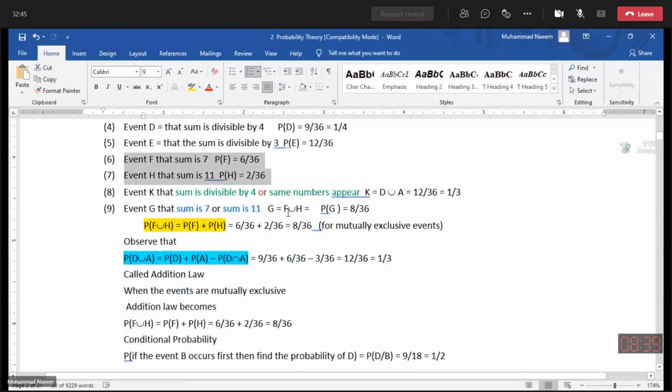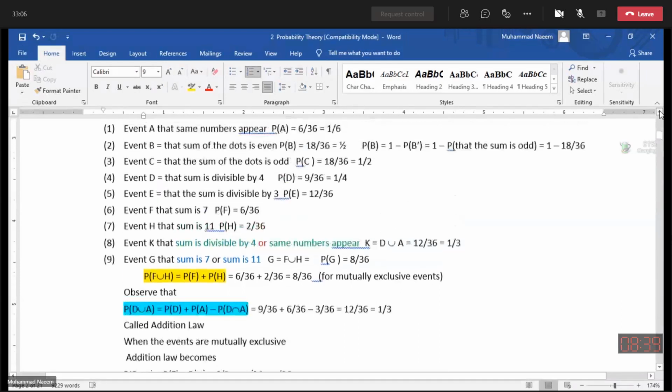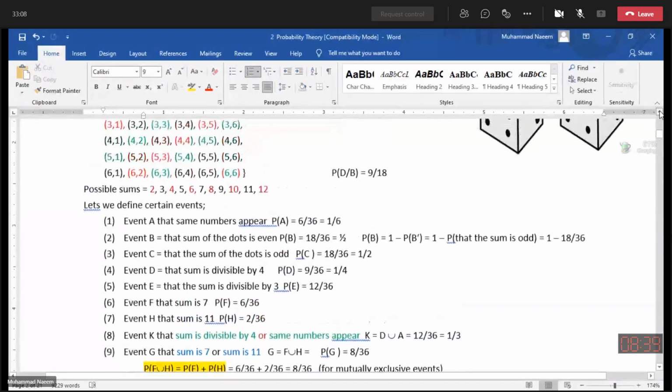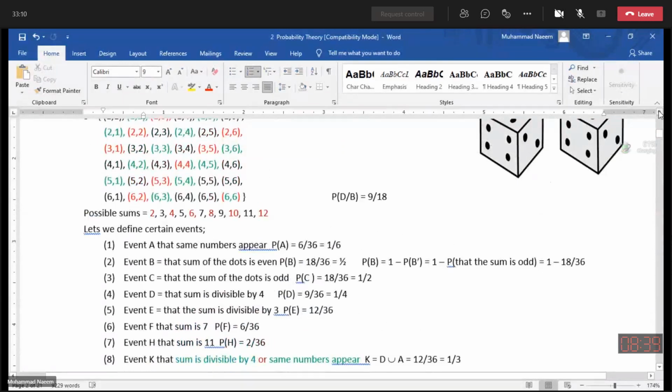As we have observed, the ordered pairs corresponding to F are 6, and two ordered pairs correspond to H, combined they are 8, because nothing is in common in F and H. Therefore, we just add.